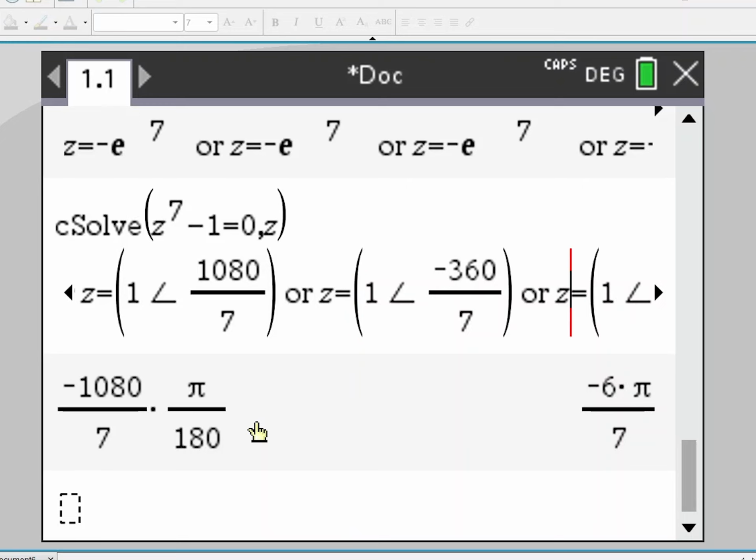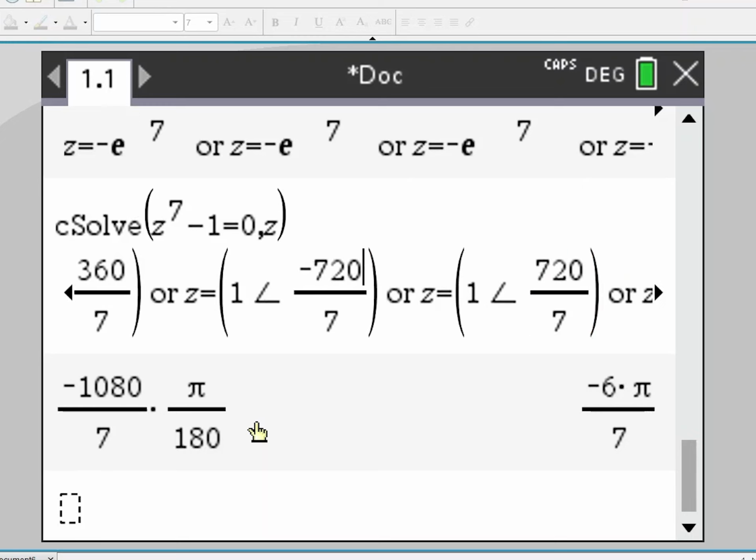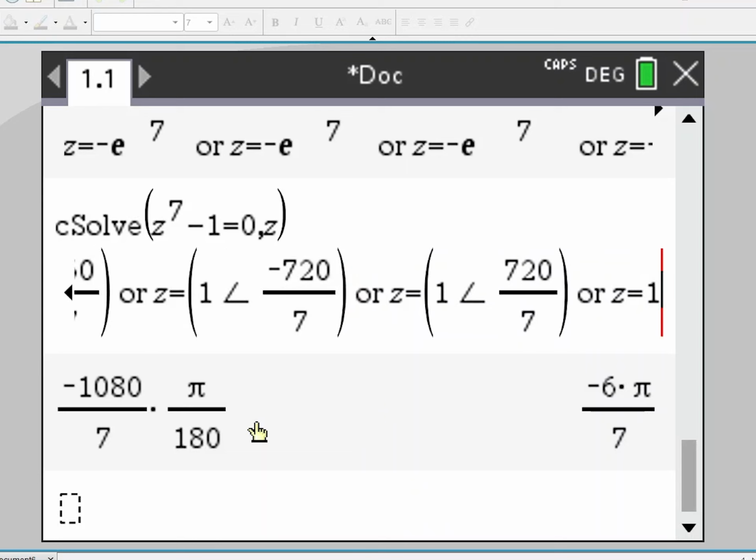Since that is already given, I'm not going to write that, and they just want the other roots, so we skip that one for now. The other ones are cis minus 4 pi on 7 and cis 4 pi on 7, and the last one is just cis 0, which is 1, but since they want it in polar form, I'm going to write it like that.